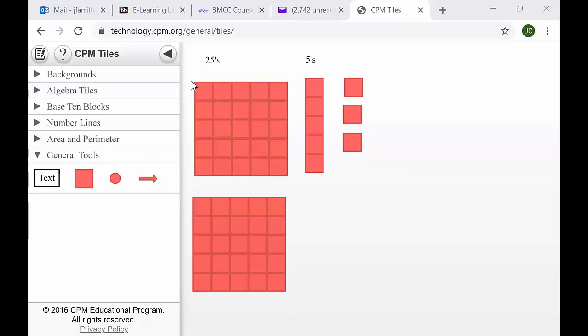So I made, since it's base 5, that means that a flat, or the 25s column, will be 5 by 5. So that would be the 200 part, or the 25 column.